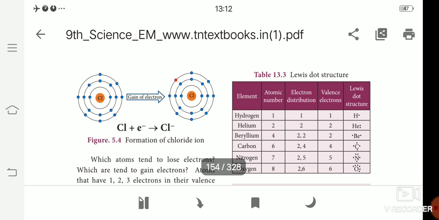An atom that loses electrons forms a cation, a positive ion, and gain of electrons forms an anion, a negative ion. The positive and negative ions come closer to each other due to the electrostatic force of attraction, and thus form the ionic bond. So this is called the ionic bond.